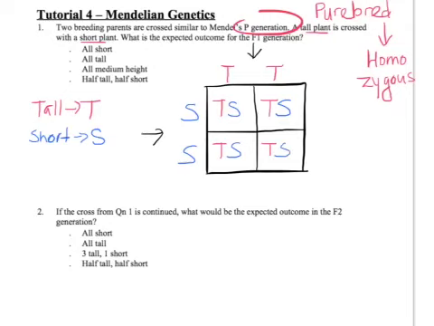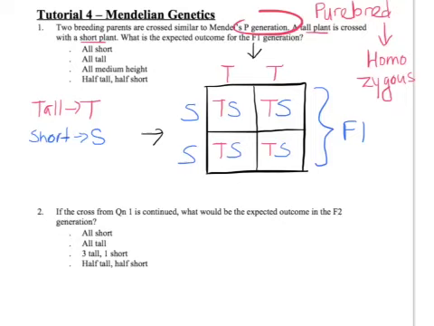So this is essentially what my F1 generation is, which is the next generation. The question is, what is the expected outcome of the F1 generation? What is it going to look like?